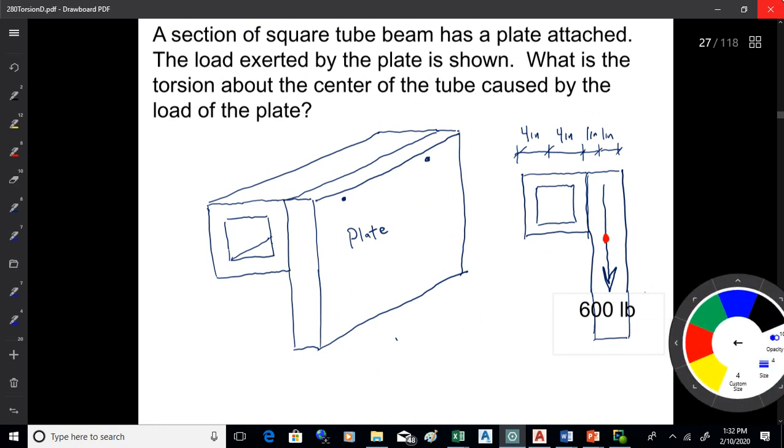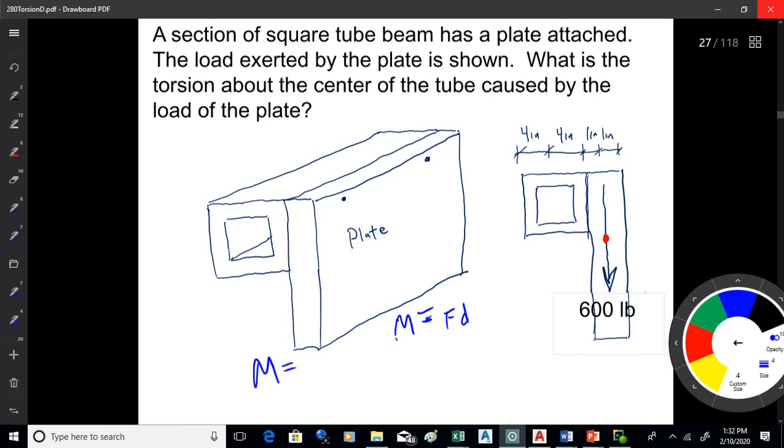What do we got there? Yeah, 300 inch pounds. Pound inch, I think, is normally the units, or inch pounds, it doesn't really make much difference. So we just find the moment.